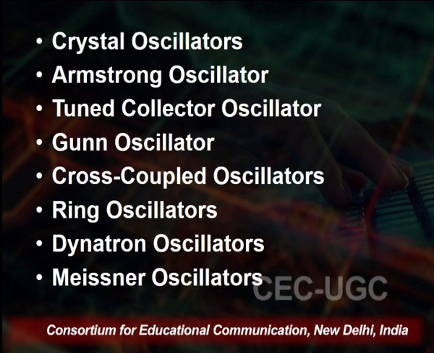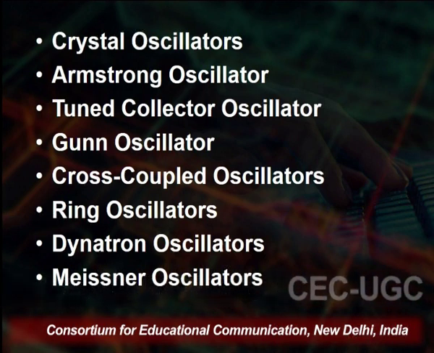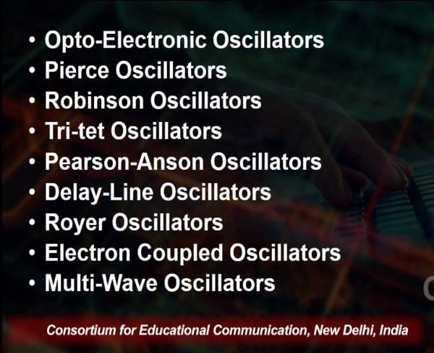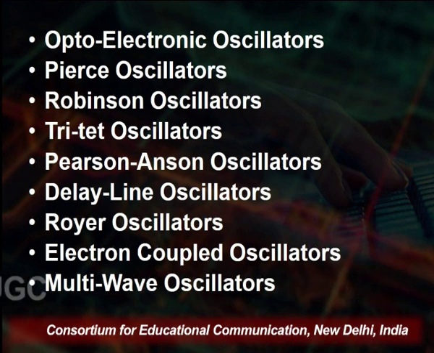Others are crystal oscillators, Armstrong oscillator, tuned collector oscillator, Gunn oscillator, cross coupled oscillators, ring oscillators, dynatron oscillator, Meissner oscillators. Other oscillators are optoelectronic oscillator, precise oscillator, Robinson oscillator, Pearson-Anson oscillator, delay line oscillator, Royer oscillators, electron coupled oscillators, multi-wave oscillators, and these oscillators have their respective applications in many electronic gadgets.